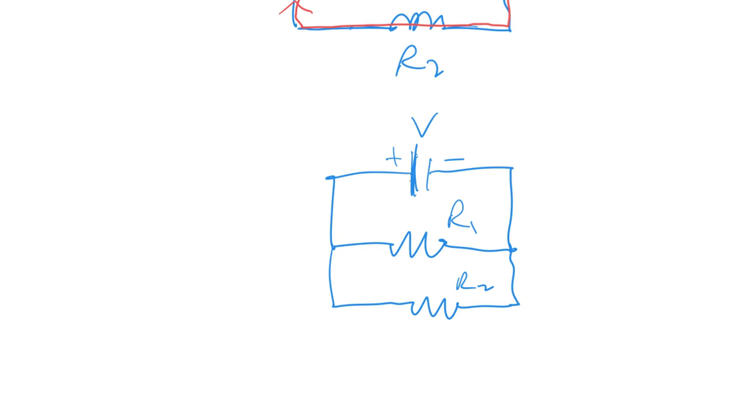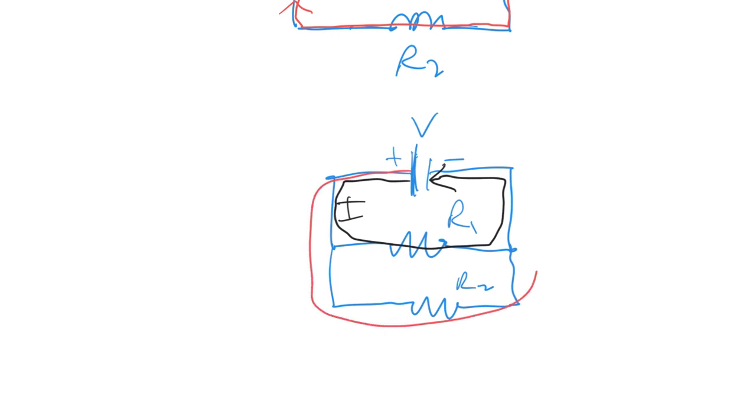Well, you can see that the current, the conventional current, could go this way, or it could go this way in this loop. So since there's two paths for the current to move through, these two resistors are wired in parallel.